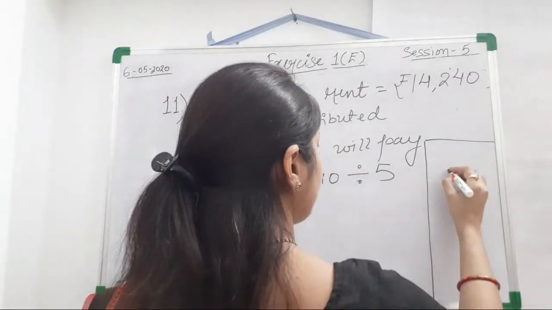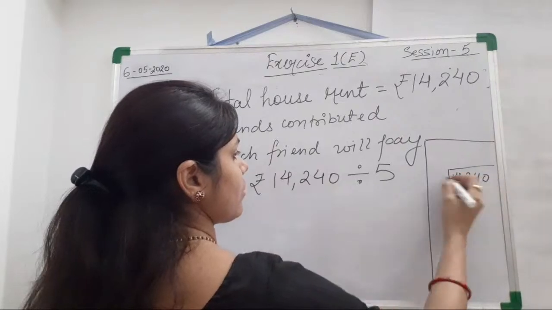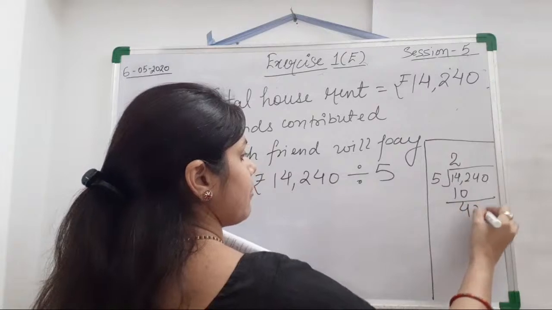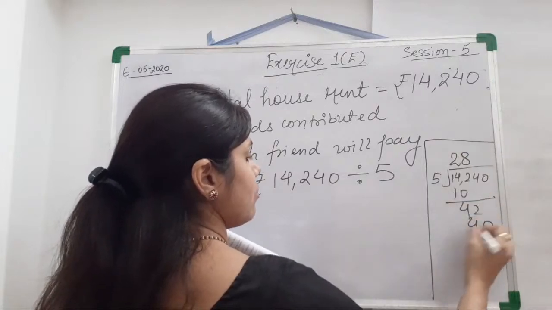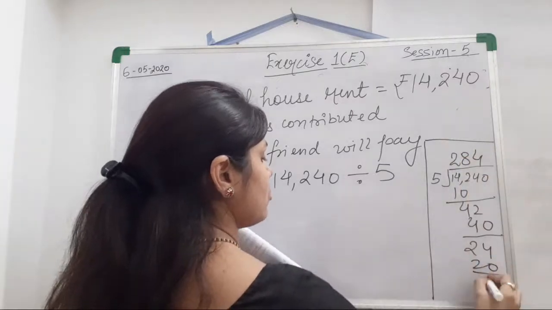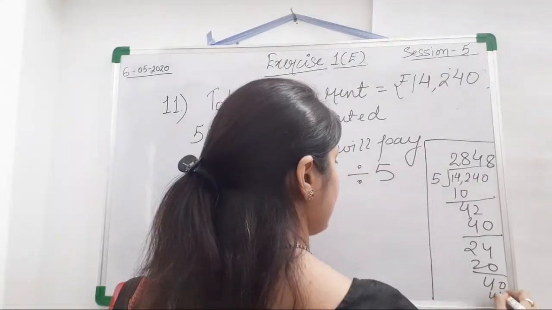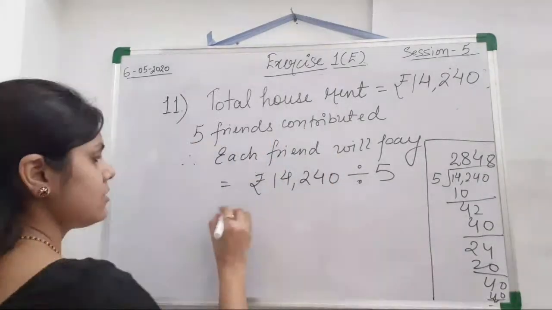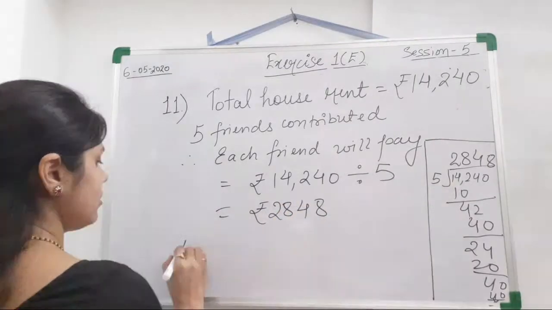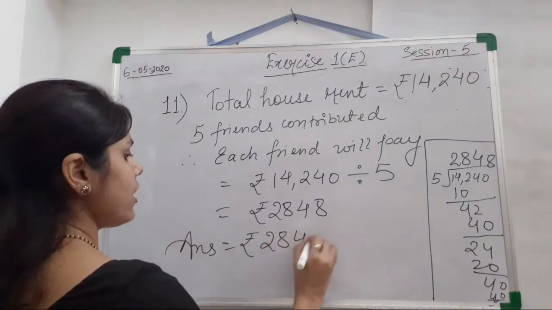When you divide it, 5 2s are 10, 5 8s are 40, 5 4s are 20, and then 5 8s are 40. So your answer will come rupees 2848. So the answer is equal to rupees 2848.